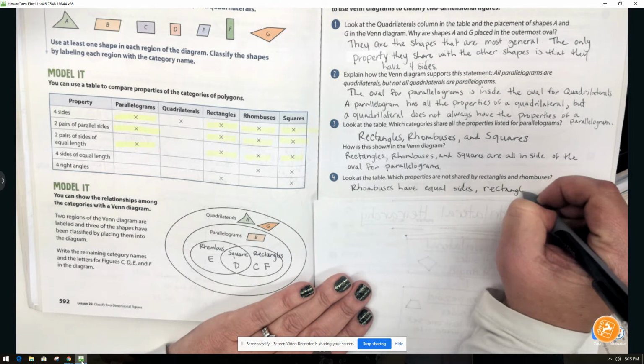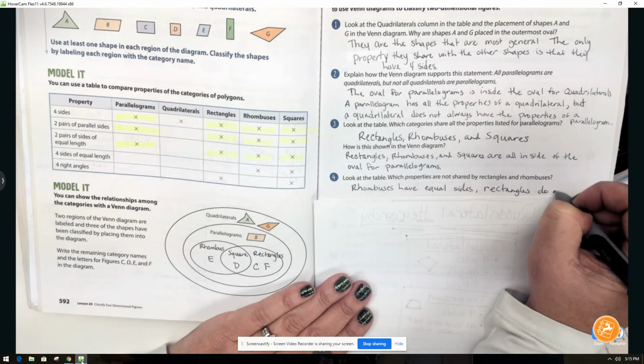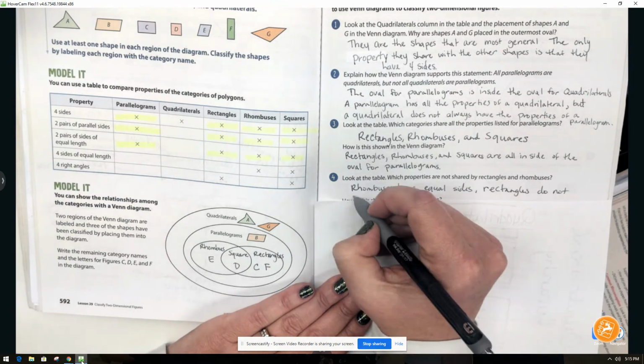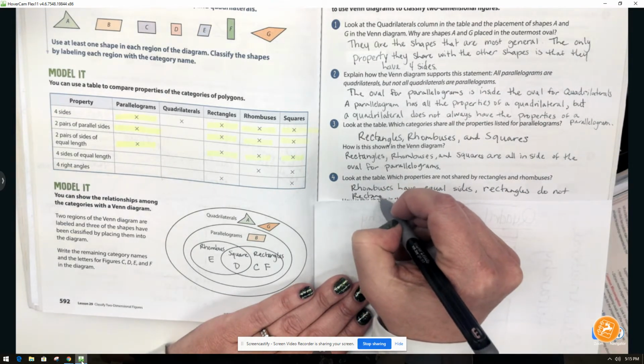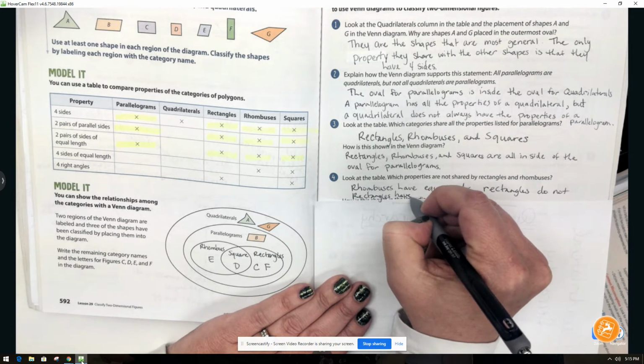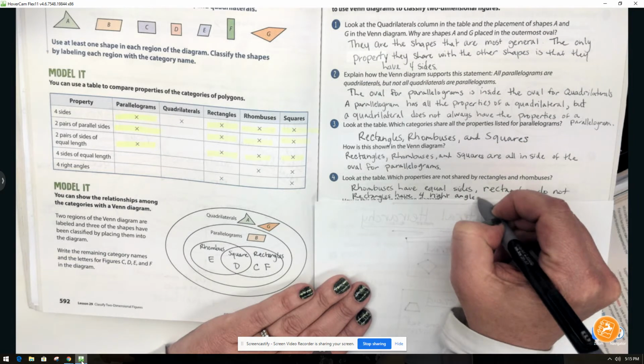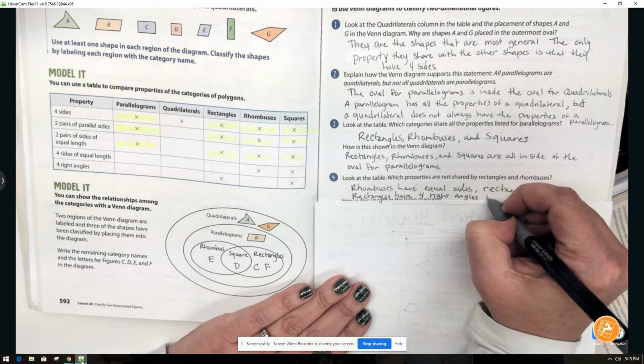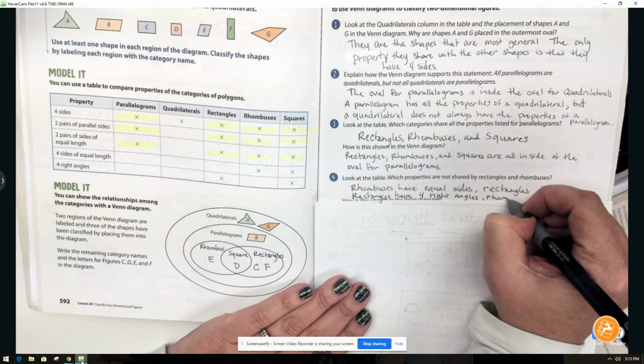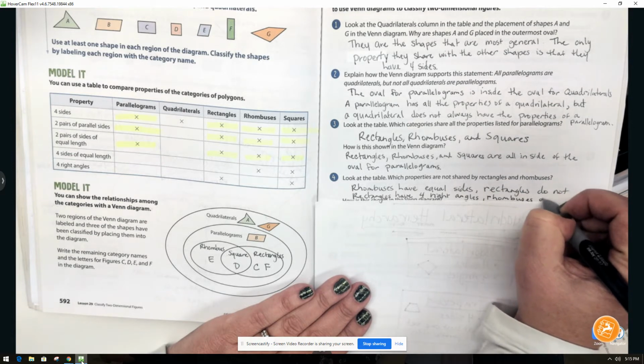Rectangles do not. Rectangles have 4 right angles. Rhombuses do not.